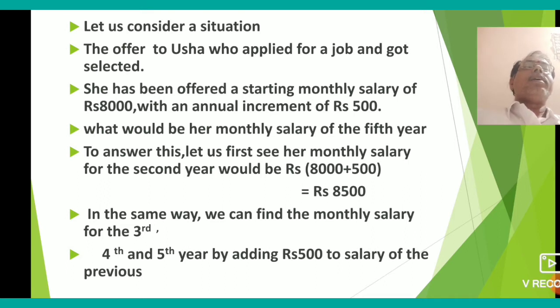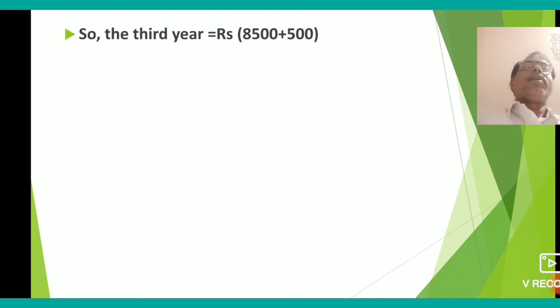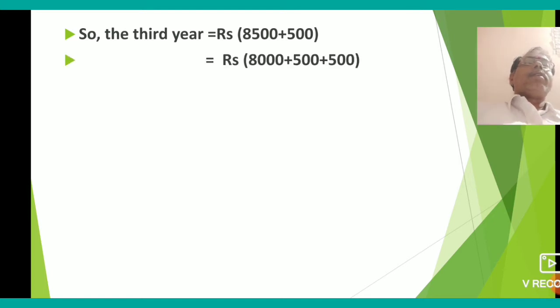adding 500 to the salary of the previous year. So, let us see the 3rd year salary. So, the 3rd year is obviously 8,500 plus 500. But here we are maintaining a pattern. See that pattern, children? That 8,500 can be written as 8,000 plus 500. So altogether we get 8,000 plus 500 plus 500.